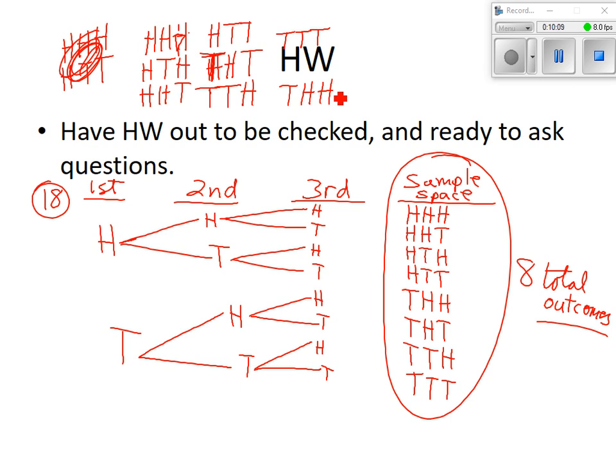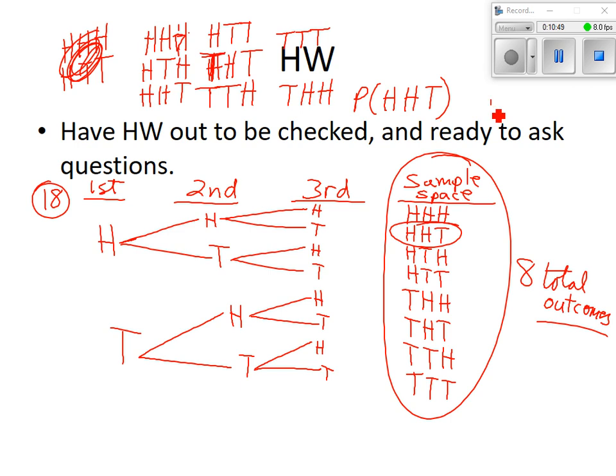What about the simple events? Where are we at? 22. There's a few of them on there, but I couldn't remember how to. If it's simple, it's just got one possible thing. Let's take this as an example. If I wanted the probability that I got a head, then a tail, that's one simple event, so that'd be 1 out of 8.